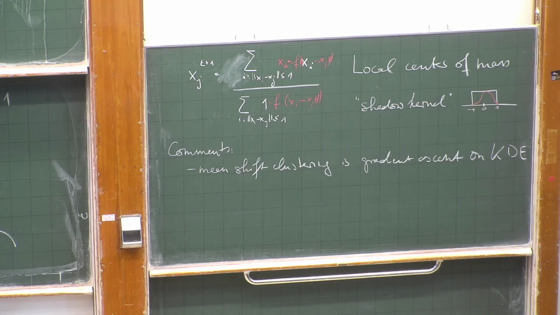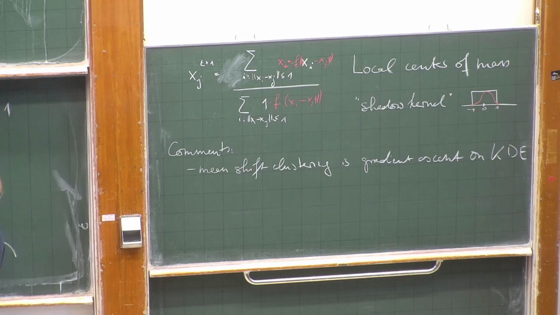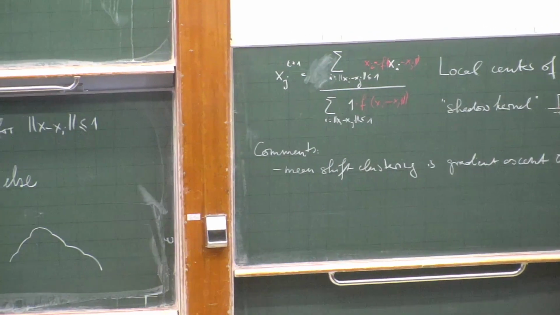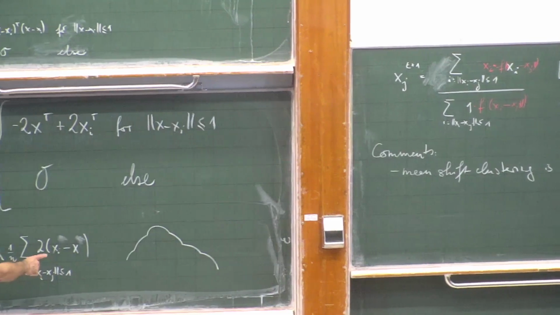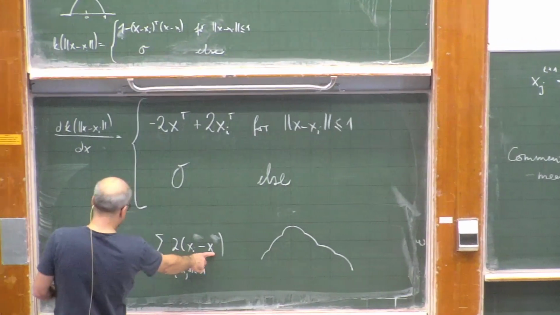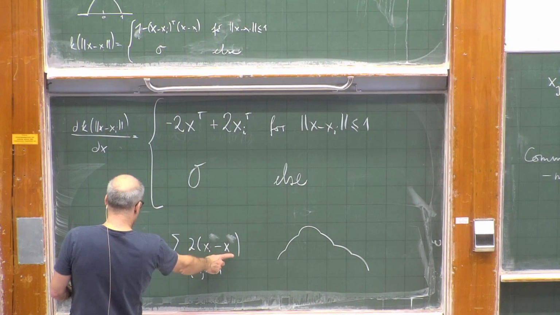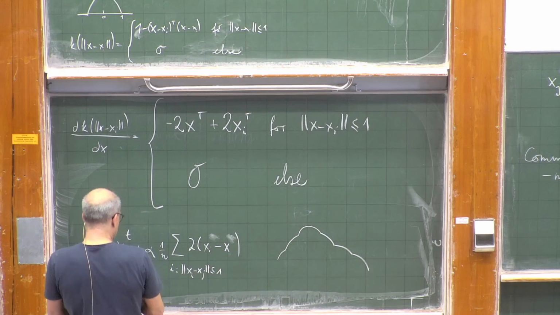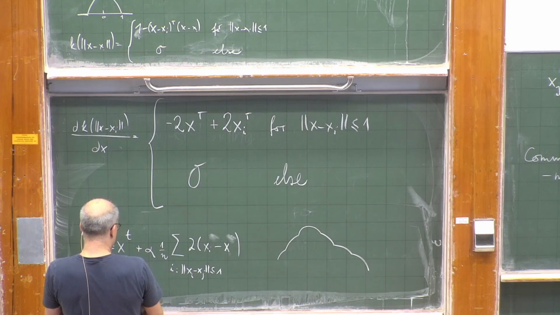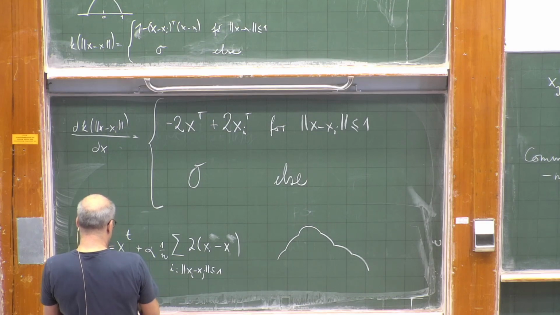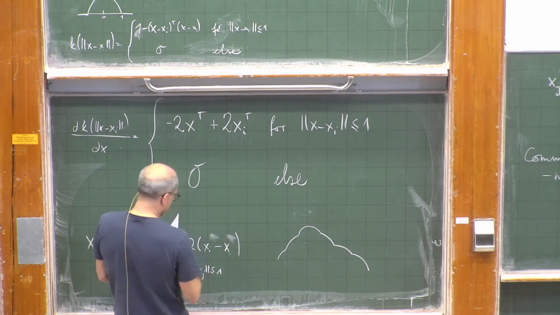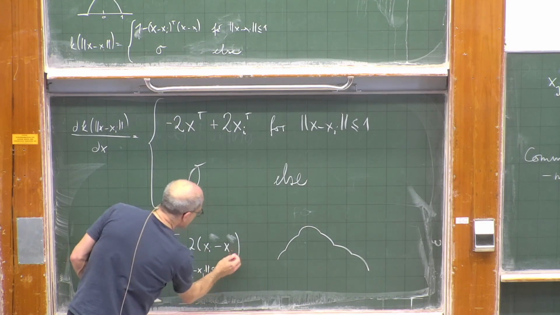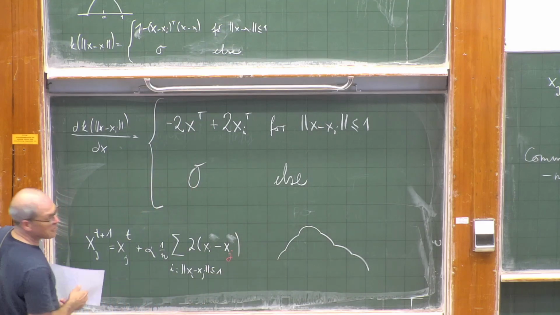Shouldn't the x be xjt because you're evaluating the derivative of this one? So the xi here is correct, and this one, it should be xj, I think. The xi minus x. That's correct. Thank you. And then you said something about what?